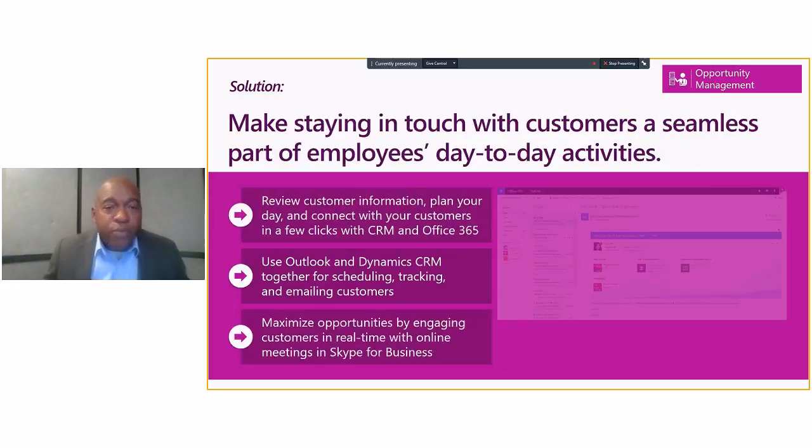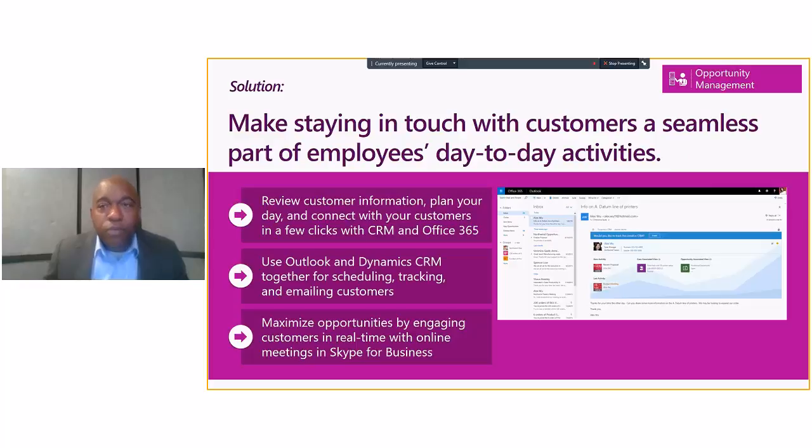Staying in touch with customers is seamless. When we institute a CRM system, it becomes part of an employee's day-to-day activities. They perform routine activities like planning their day, reviewing their customer information, holding meetings online. All of those things is what our salespeople can do very easily and quickly.